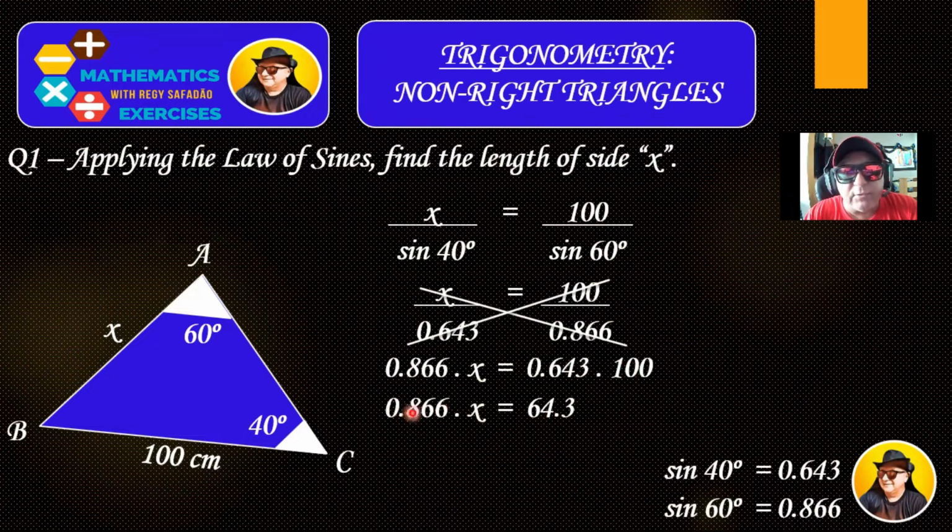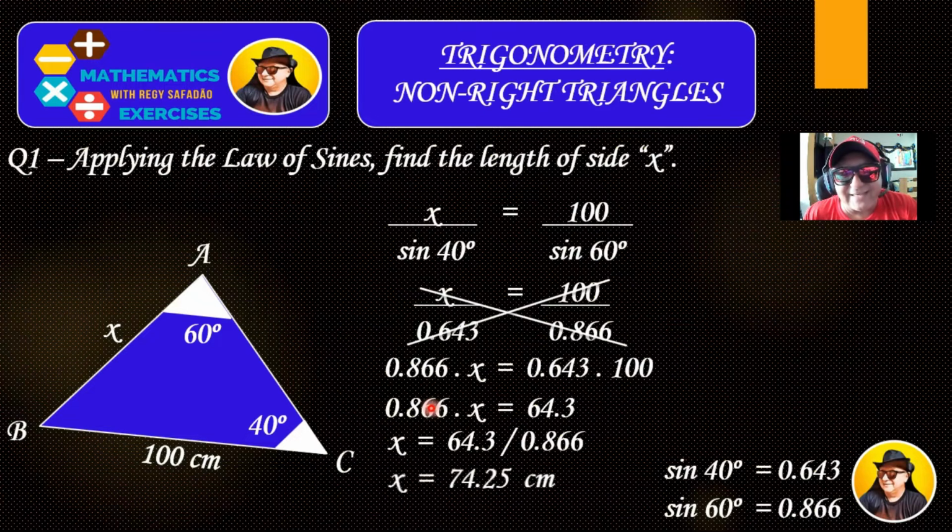And now 0.866, that is multiplying X, is going to be moved to the right side of the equation, dividing. So we have that X is 64.3 divided by 0.866. And doing this division, we have that X is 74.25 centimeters.